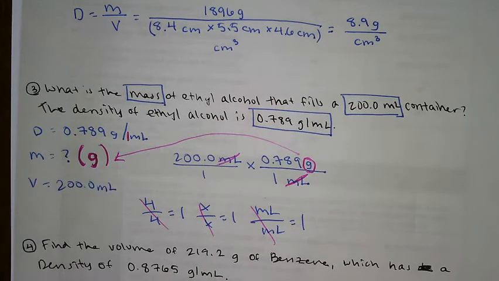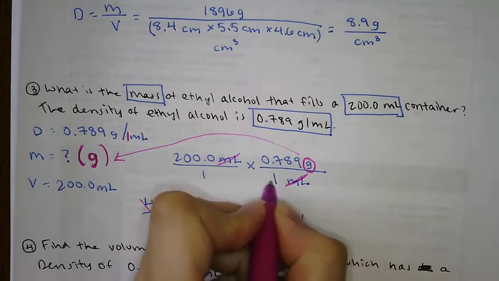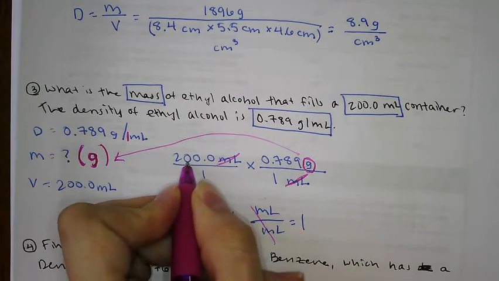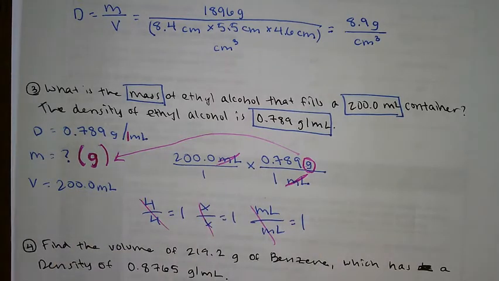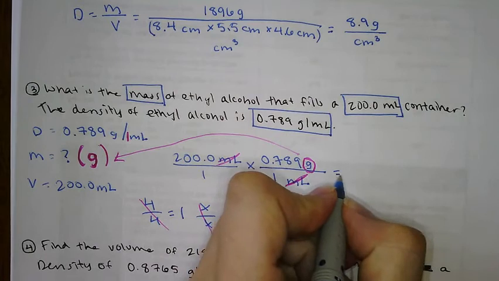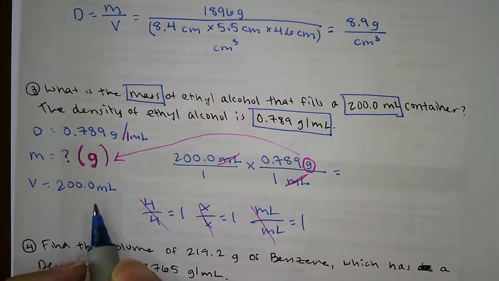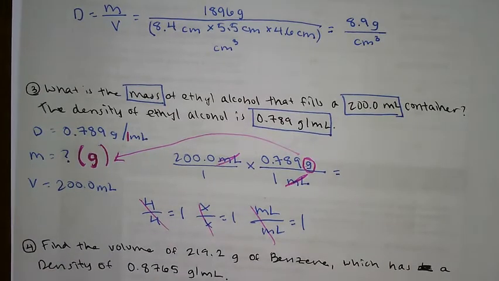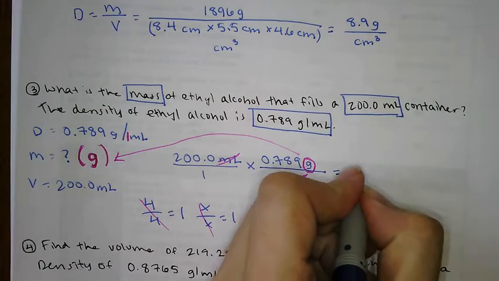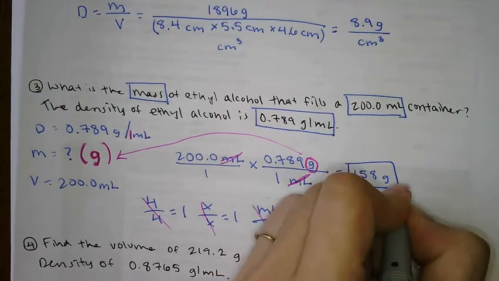Now I just need to be careful with how I plug this into my calculator. If you have a number in the numerator, you multiply. If it's in the denominator, you divide. So this time we're going to multiply 200 times 0.789 grams. With sig figs, we get to keep 3 sig figs. So that's going to give us 158 grams.